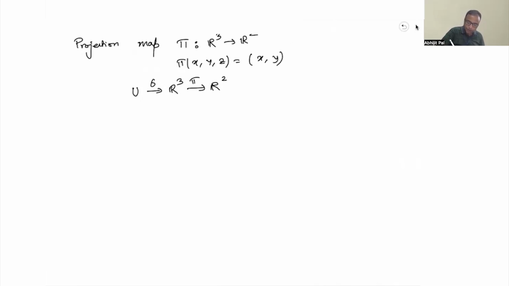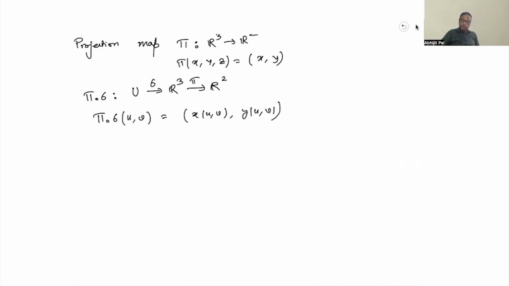So you take the composition map. So pi compose sigma is a map from u to R2. Okay, so pi compose sigma of ub is x ub comma y ub.